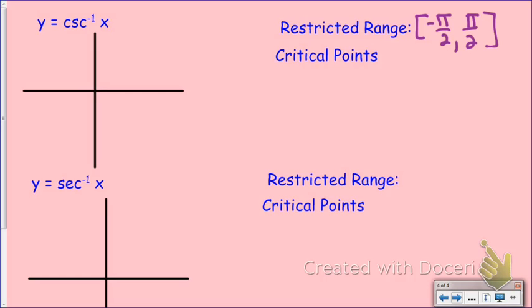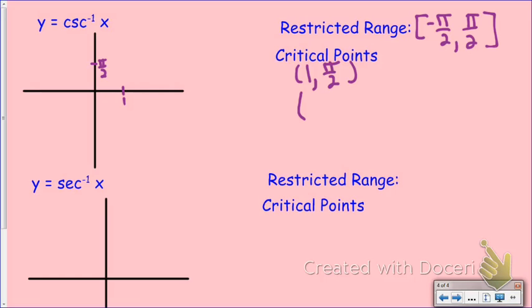And if you think back to regular old y equals cosecant of x, some points that I would have plotted, I'm just going to flip the x's and the y's. So instead of plotting the point pi over 2, 1, I'm going to plot the point 1, pi over 2. So that is one of my critical points, because the cosecant of pi over 2 is 1.